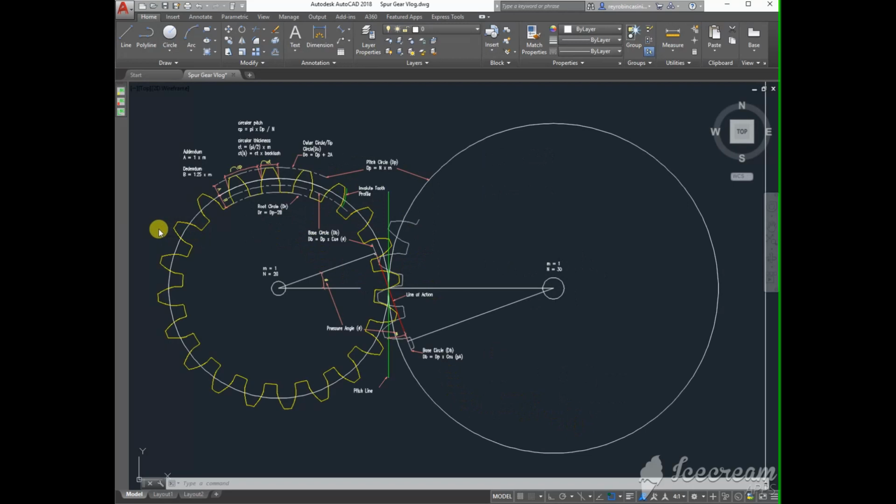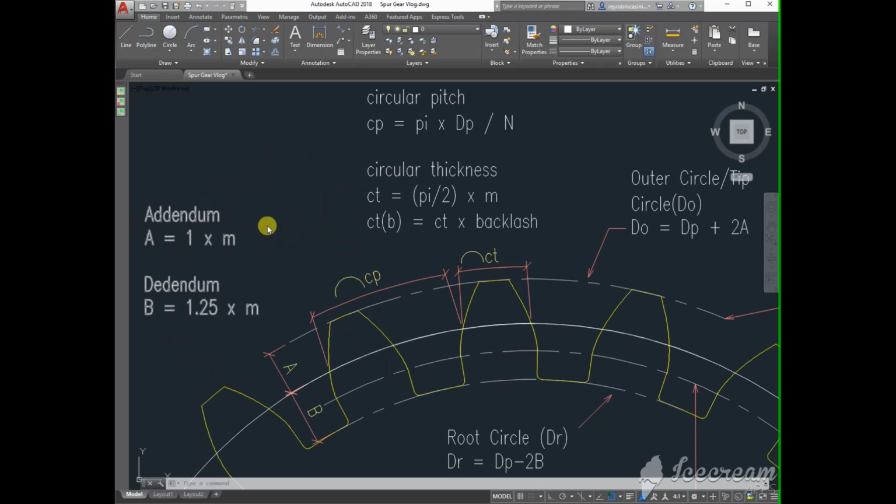Those are the three important quantities that make up the size, gear ratio, and profile of the gear. The other basic terminologies of the spur gear can be derived from the three constants that we have just covered. For example, the addendum of the gear, which is described as the length of the tip of the gear to the pitch circle, is equal to 1 times the module.